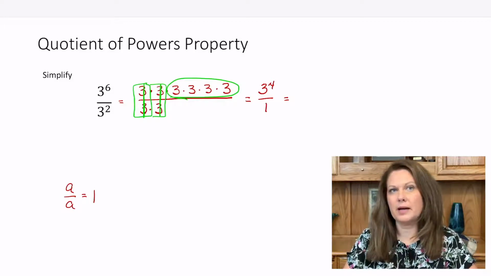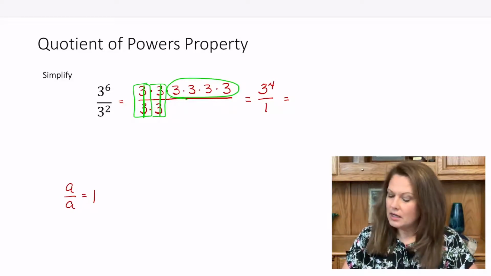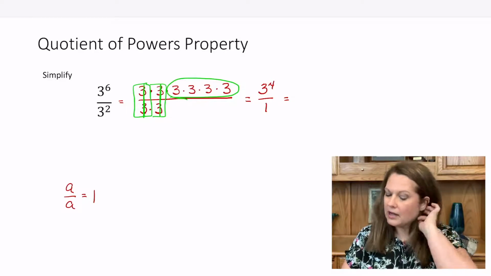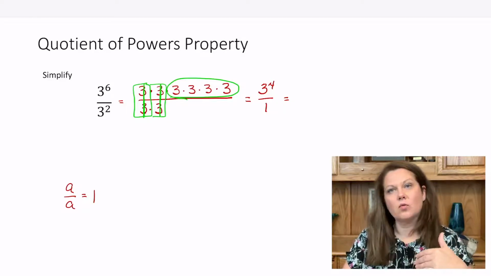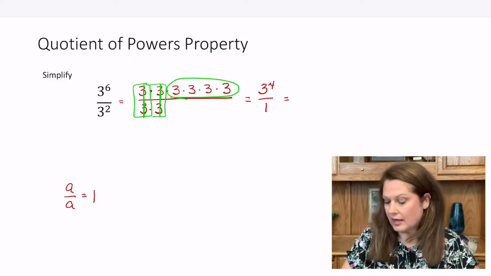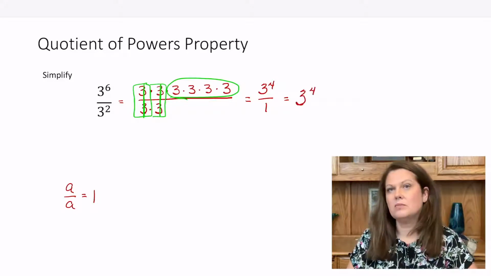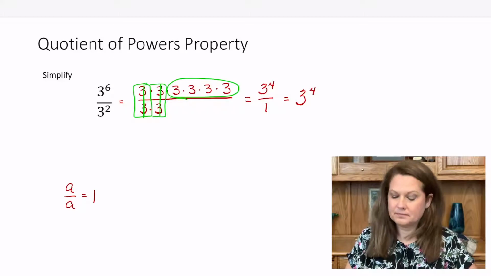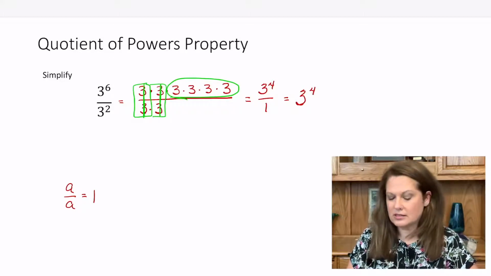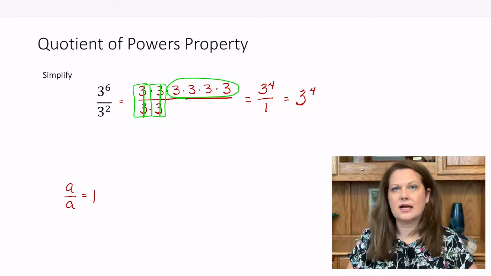Now, when we talk about fractions, anything over 1 is a whole number, and it can be rewritten. So when we rewrite this, it would be 3 to the fourth power. So our question, 3 to the 6th divided by 3 to the second, in its simplest form, is going to be 3 to the fourth.